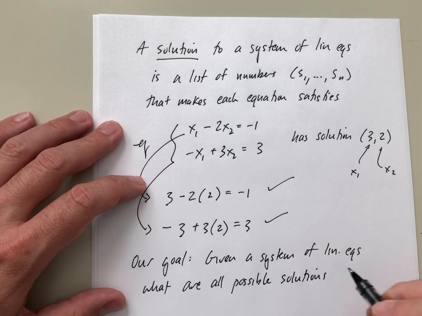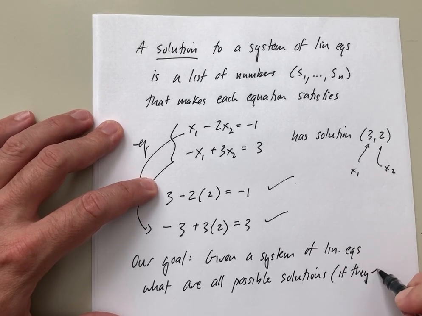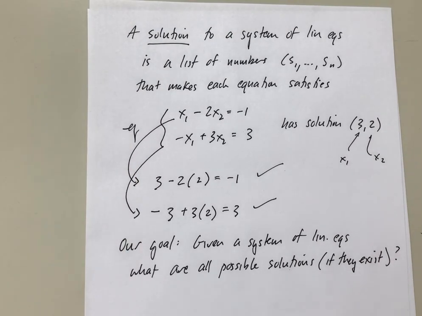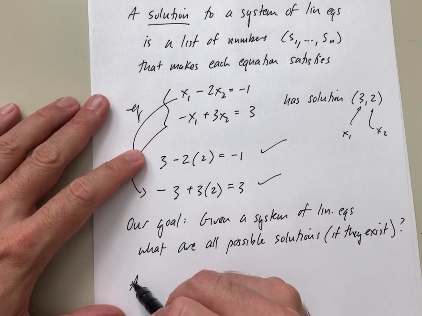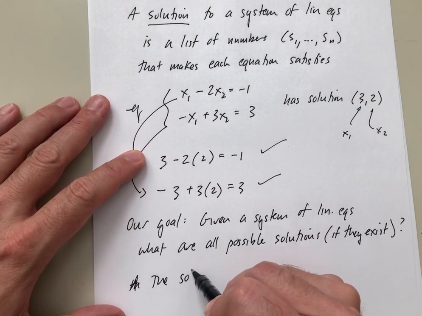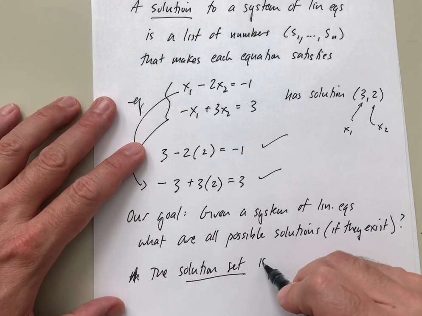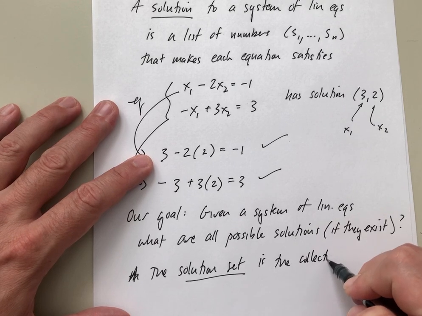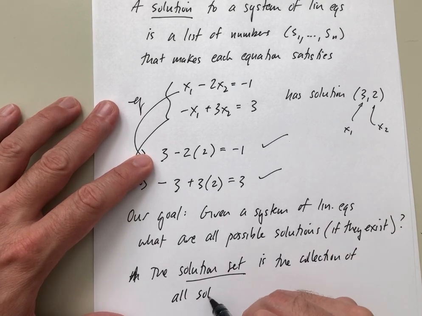So actually the first question will be, does there exist any? Is there any solution to the system? And one more piece of notation, let me say the solution set is the collection of all solutions to a system.